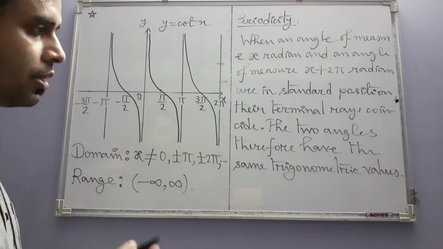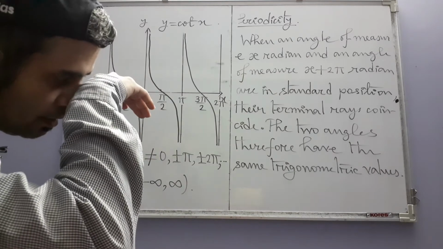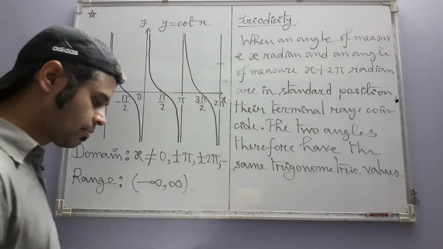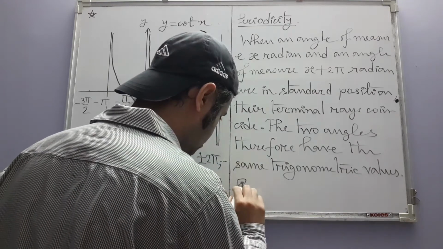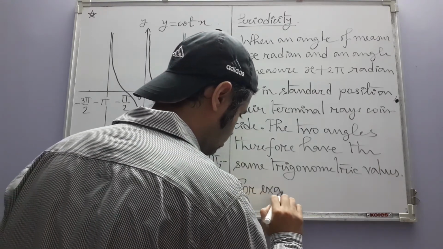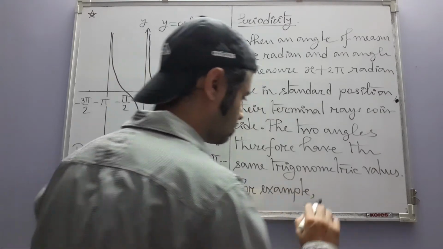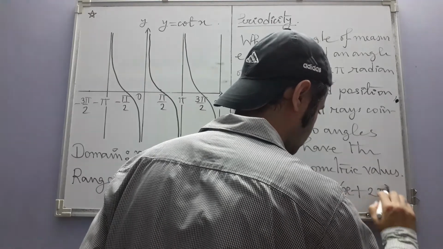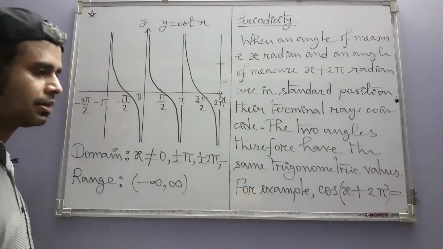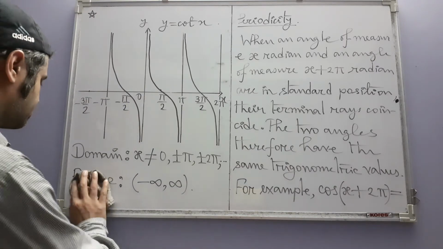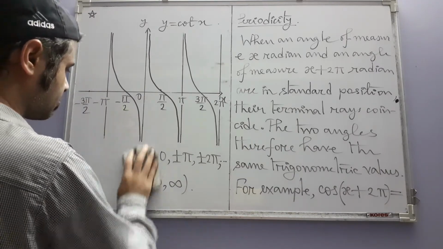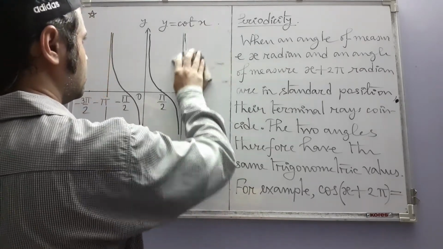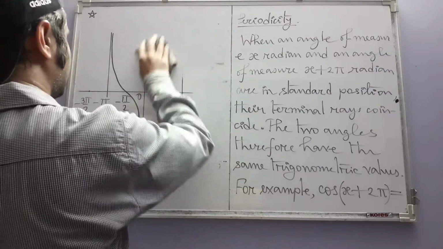Angles having the same trigonometric values means angles having the same values for all the trigonometric functions. For example, cosine of x plus 2 pi, by our definition of cosine, will be equal to cosine x, simply because the terminal rays of these two angles are in fact the same ray.